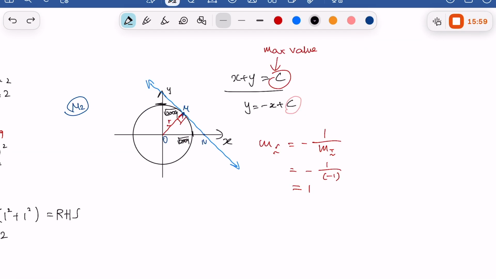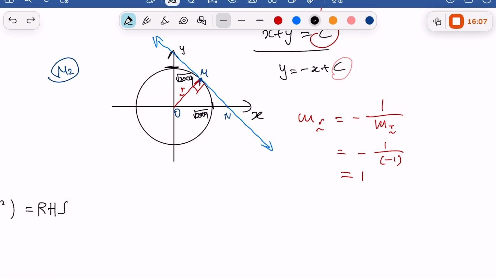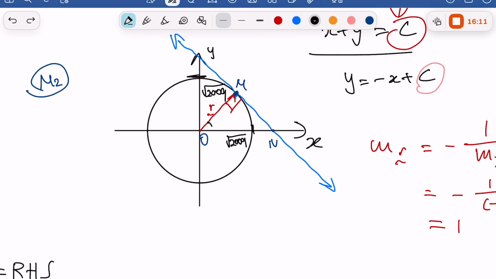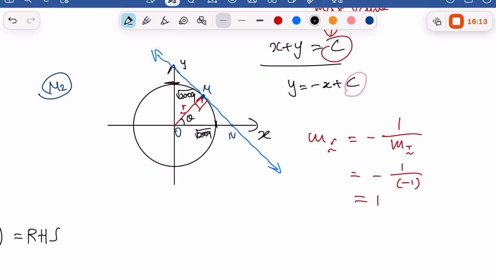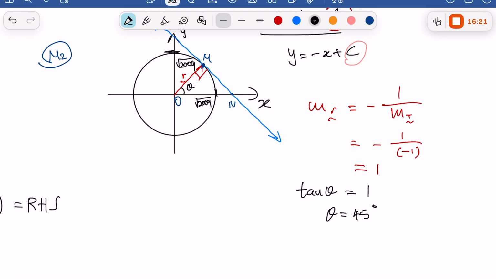And this is really important because now we know the gradient of the radius of the line created between the origin and the point of intersection. We can actually find this angle, which is tan theta equals 1. The theta would be 45 degrees. And now we just need to consider the larger triangle right here.